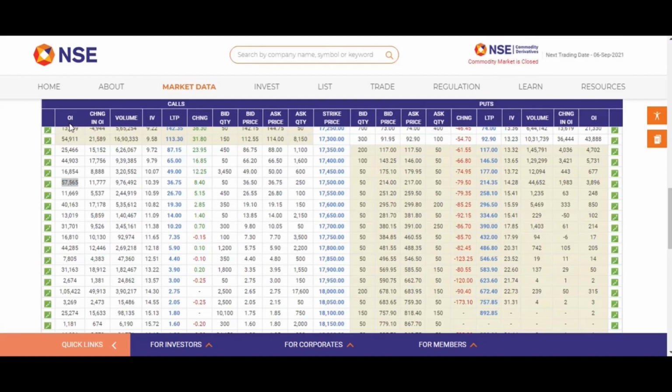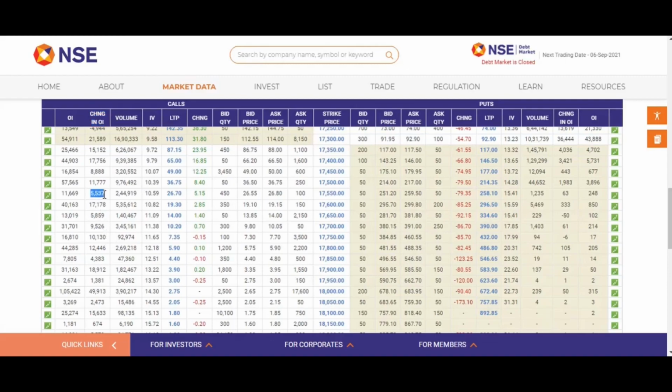So let's understand again. You have to look at the total OI. So total OI for now is at 17,500 for calls. Then when the market is on, you have to keep looking at change in OI, which particular strike price is getting a huge change. Any strike price that is getting a huge addition of OI basically means that option sellers, professionals, HNIs, and all these people are entering that particular strike.